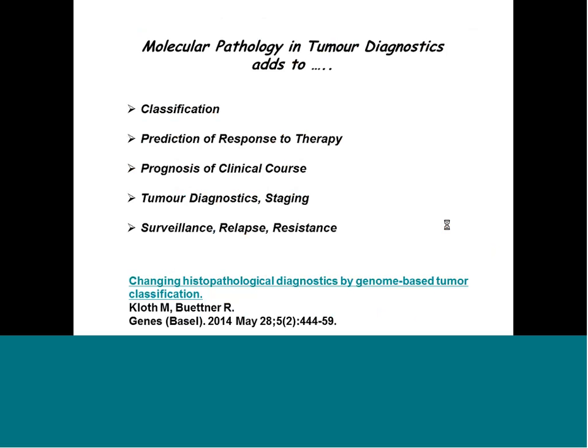So there are 5 areas where genetic or genomic analysis derived from cancer tissue slides will change and modify our diagnostics. This is the basis of classification, what is an entity and a disease in tumors. Then the big area of prediction of response to therapy. This will be very important in many instances.